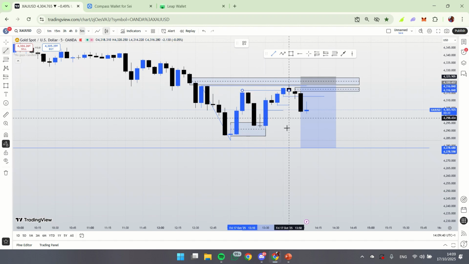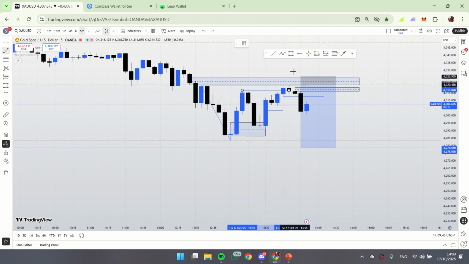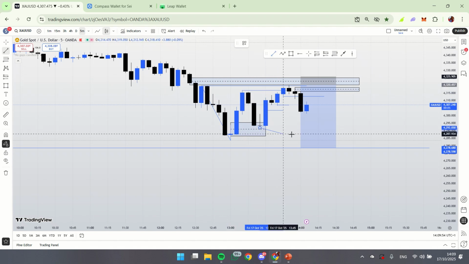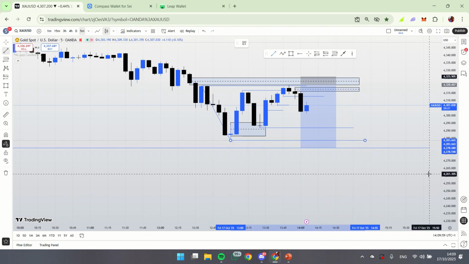So you see how it is. That's it. Double to run this low. That's the safest zone to get out of this here. So this is TP1, this is TP2, and that is TP3.